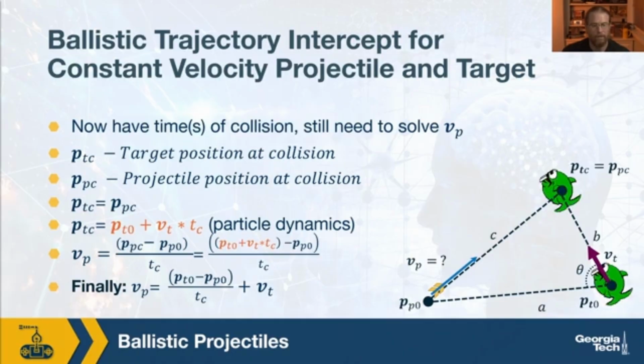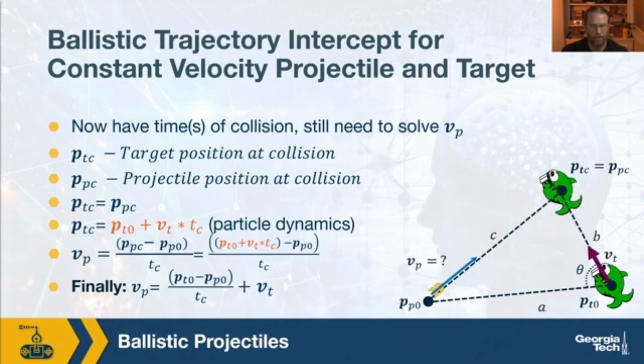We don't know the actual velocity, of course, but we know the initial point and we know the end point, so we know the relative position vector between the initial point and the final point. So we can divide that by t, the time of the collision. But that's not useful until we replace the final position of the particle in the equation.